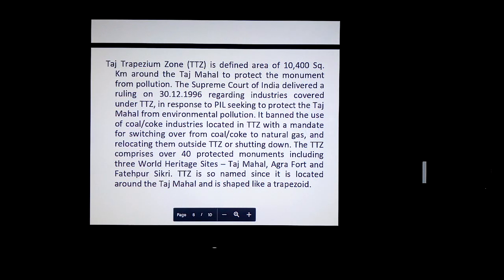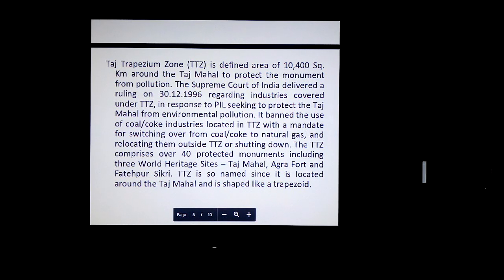It banned the use of coal and coke in industries located in TTZ, with a mandate for switching over from coal or coke to natural gas and relocating them outside TTZ or shutting down.